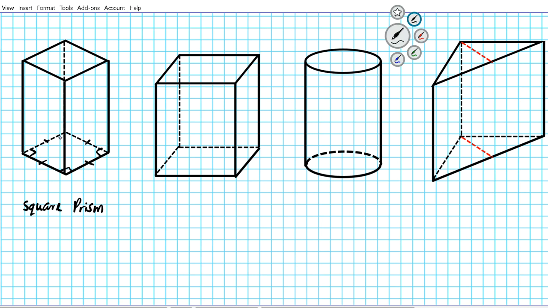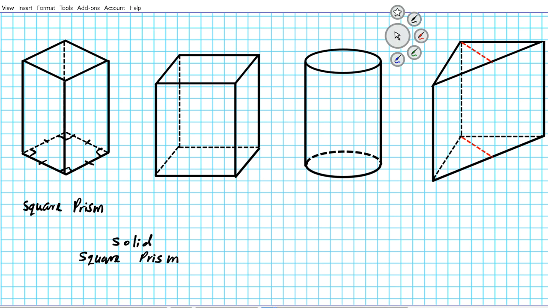So what is the volume and surface area of a square prism that is closed? So we're going to make a grid here to help us out with that. So we're starting with a square prism. This is a solid under consideration.